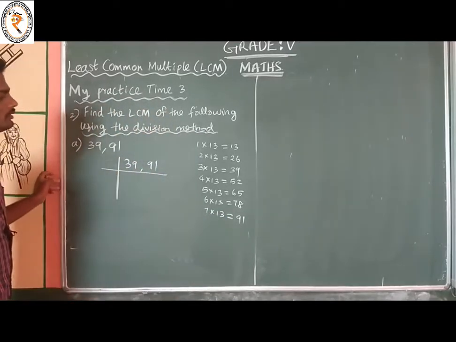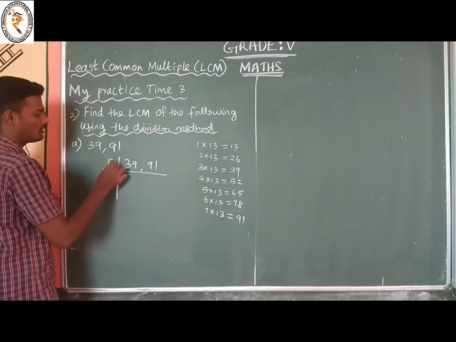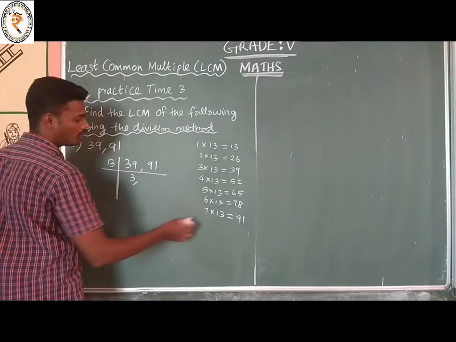So 39 comes in the 13th table 3 times, and 91 comes 7 times.